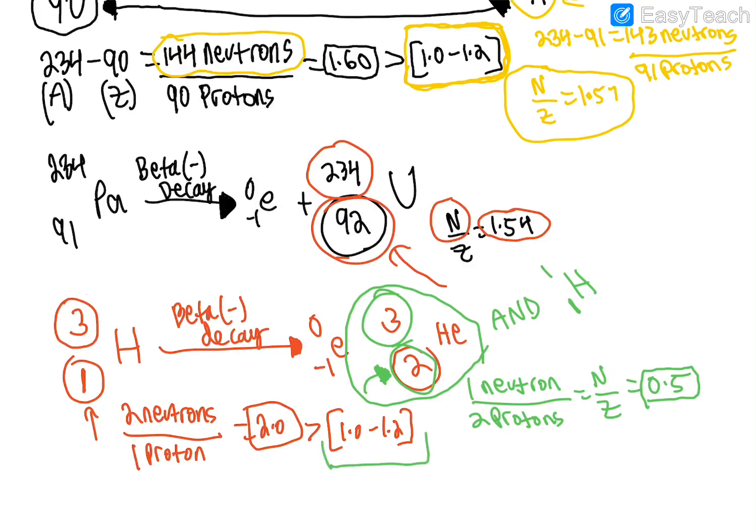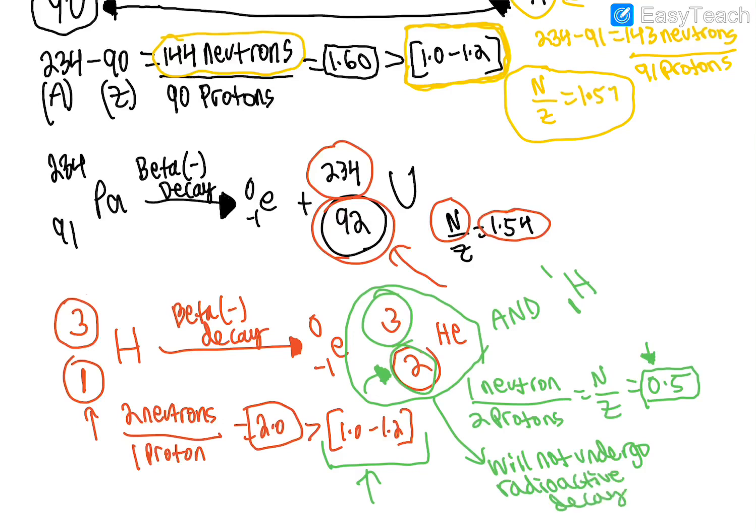Even though helium-3 is 0.5, which is below this range in determining stability of the nucleus, it still counts as stable because helium-3 will most likely not undergo radioactive decay. Again, because it's an exception.